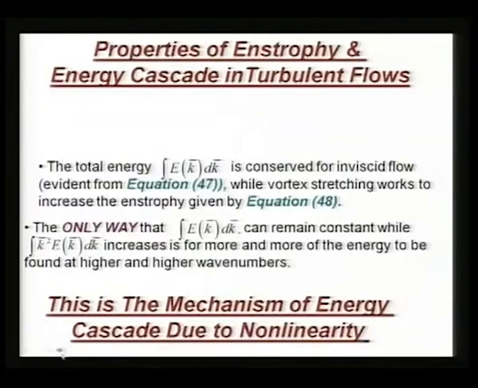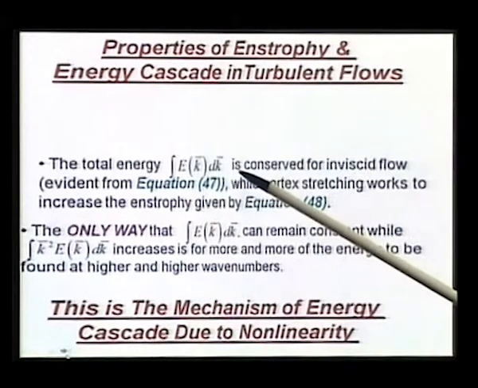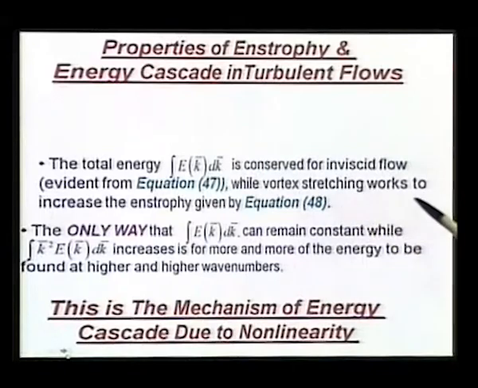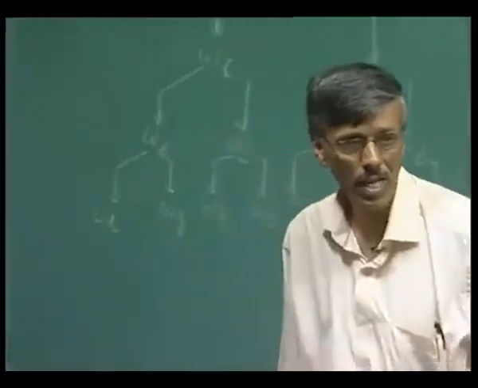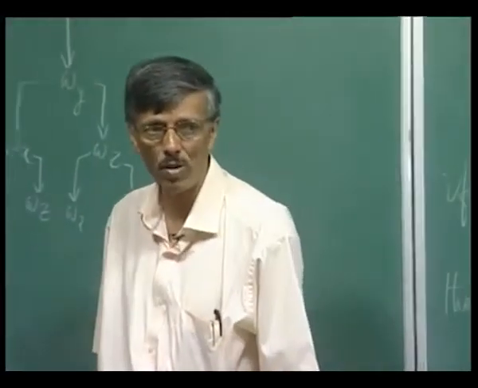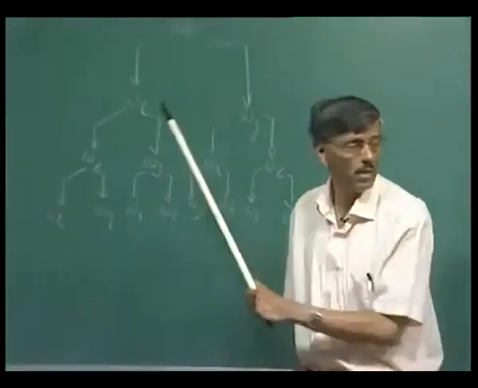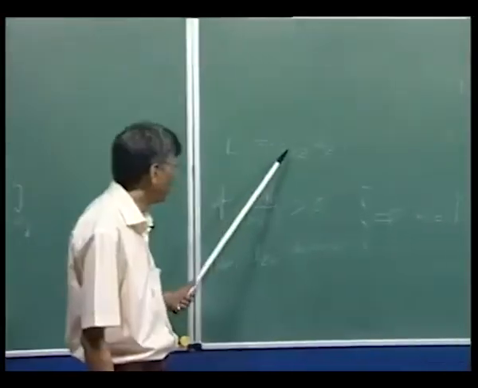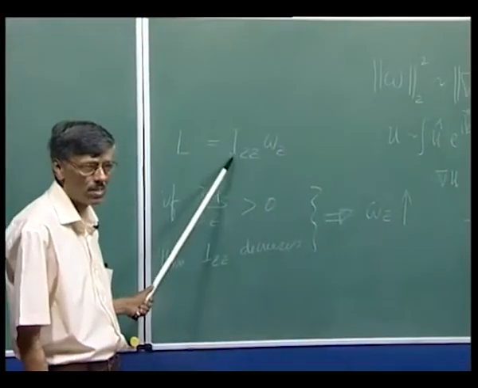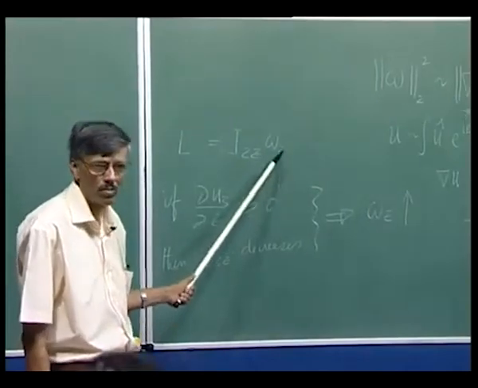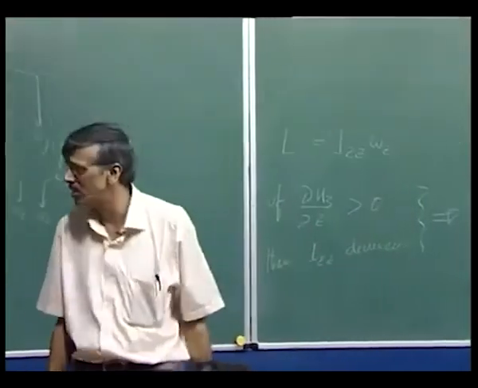If we are looking at inviscid flow, I know the energy is conserved, right. E k d k is conserved, that is what we have obtained. What happens to the vortex stretching work? That we have seen increases the entropy, right. That is what we have been talking about here: because of stretching, entropy increases because of vortex stretching.